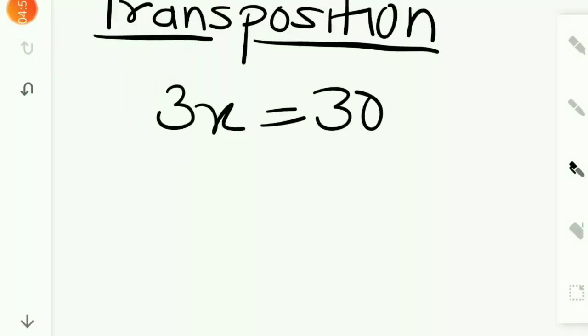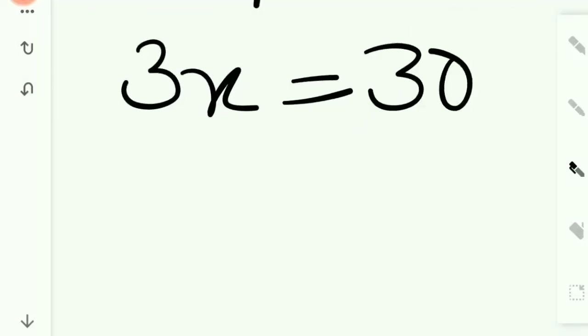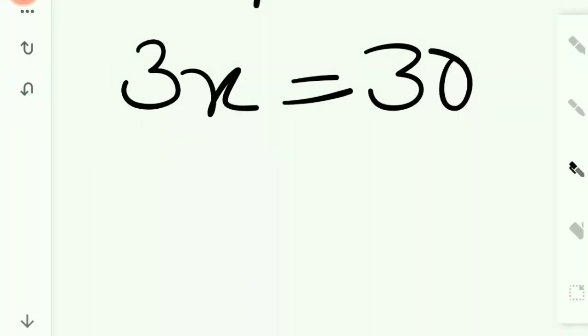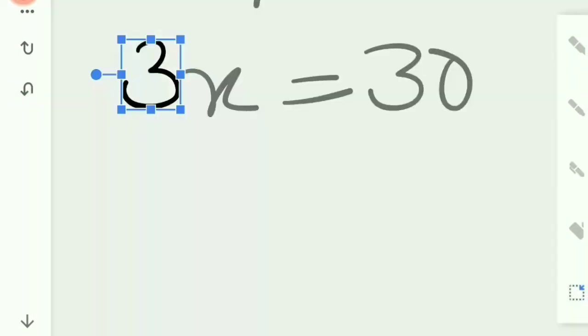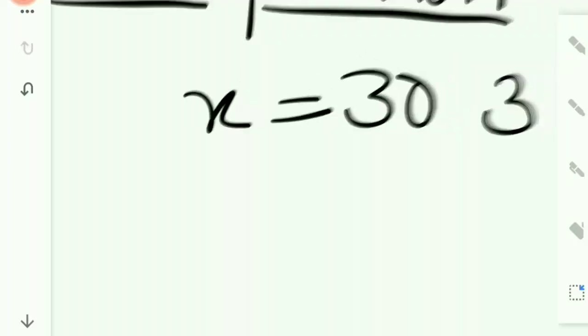Now look at this equation. There is a number on the left hand side multiplied with our variable. We have to find the solution for the variable, so we'll have to remove this 3 from here, and to remove it I'll have to lift it up and put it on the right hand side.